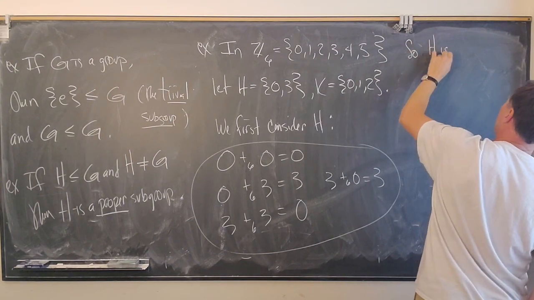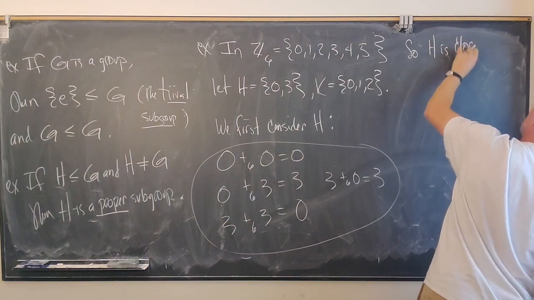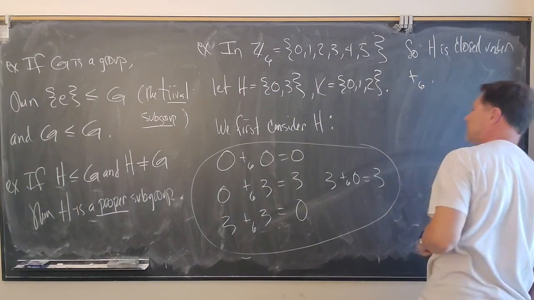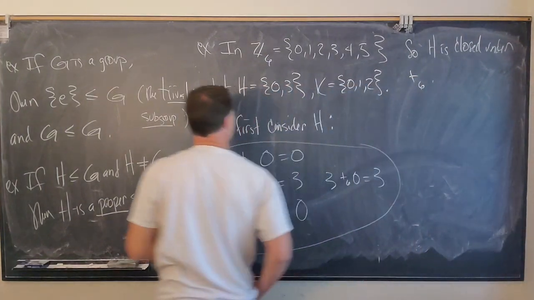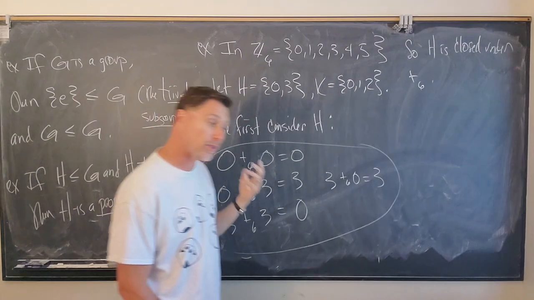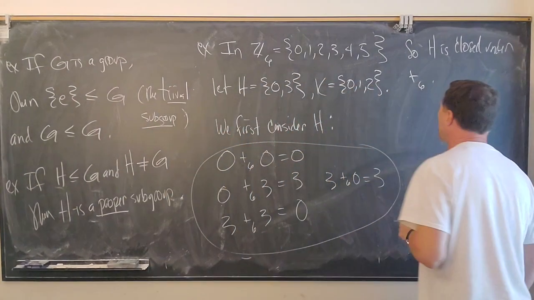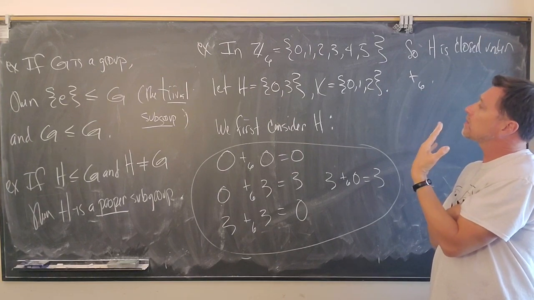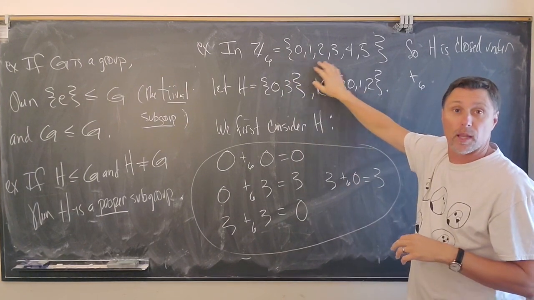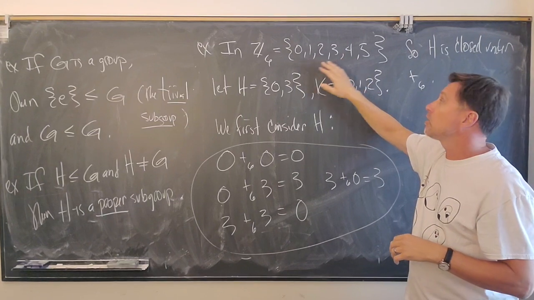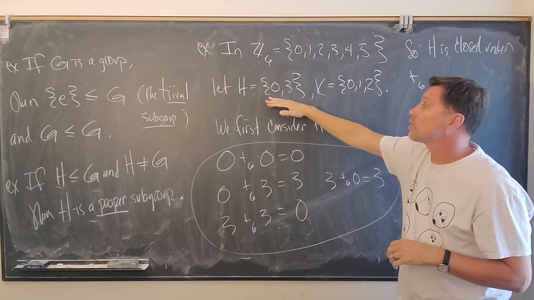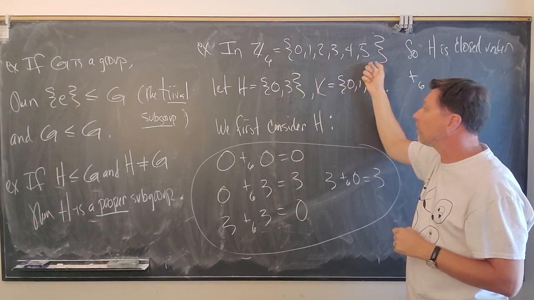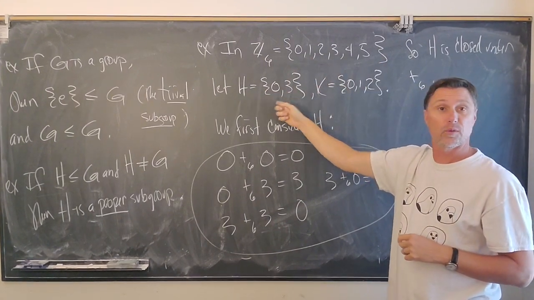H is closed under addition mod 6. Okay, so now we've got a binary operation on H. Now we need to check the three axioms. Associativity: we already know that addition mod 6 is associative when working with elements of Z6. So that means it's automatically associative when we work with just this restricted set, right? If it holds for all of them, then it certainly holds when we only deal with 0 and 3.